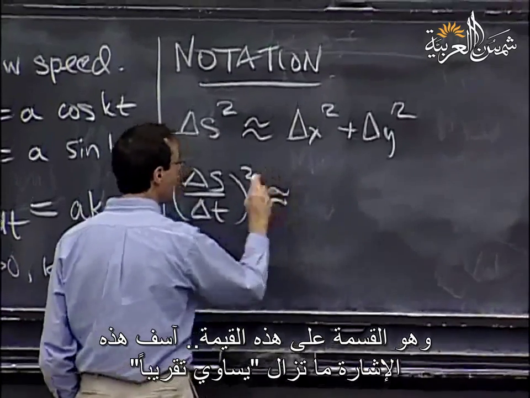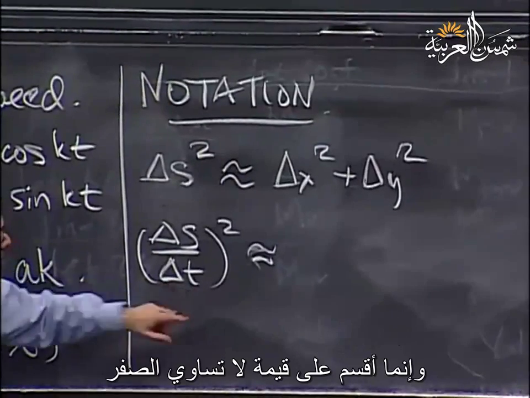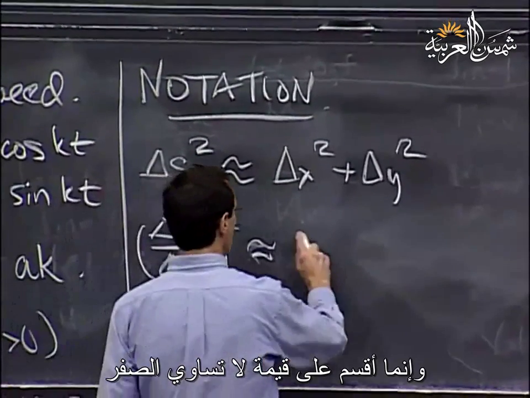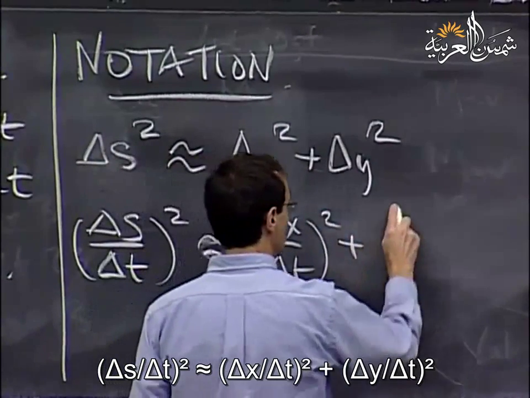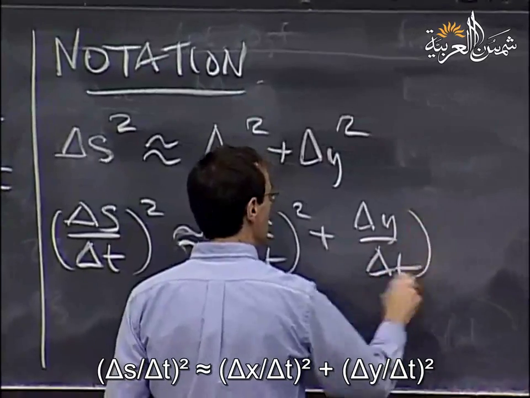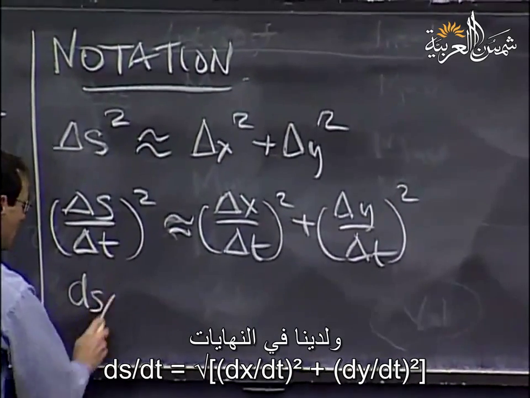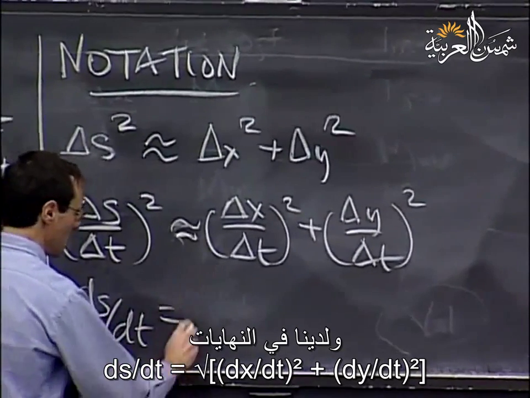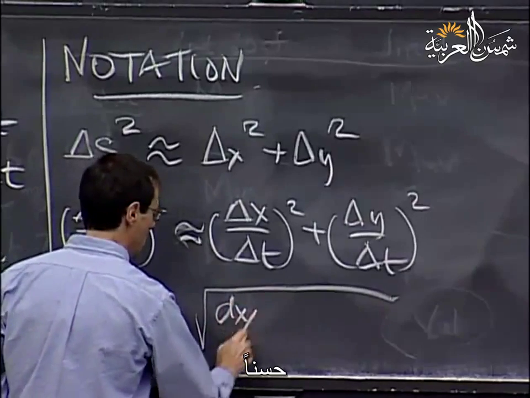And sorry, this is still approximately equal. So I'm not dividing by something that's 0 or infinitesimal. I'm dividing by something non-zero. And here I have the quantity delta x over delta t squared plus the quantity delta y over delta t squared. And then in the limit, I have ds dt is equal to the square root of this, or if you like, the square of it.